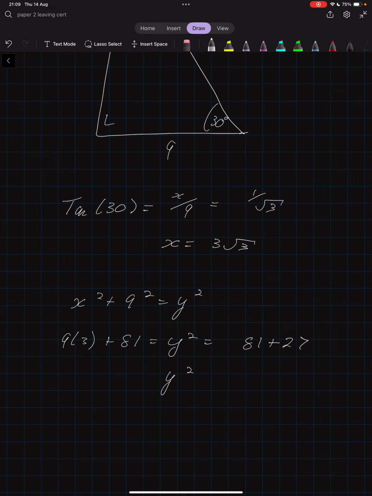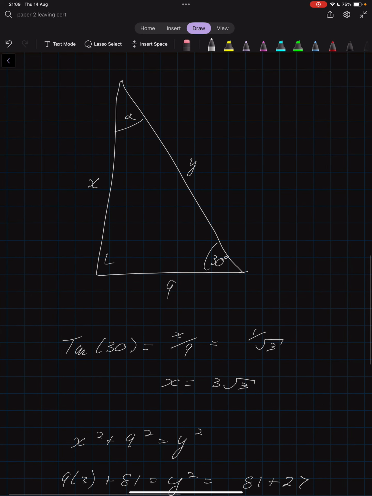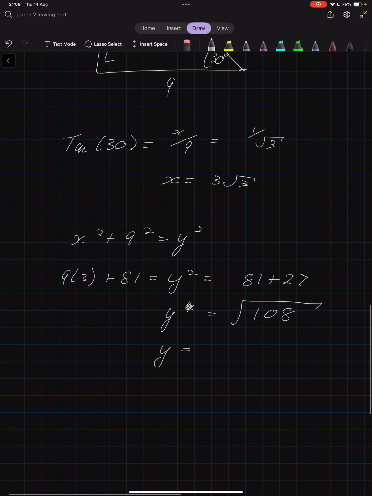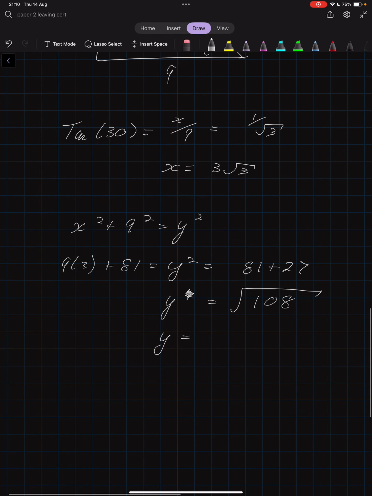So Y is going to be the square root of this, which is 108. Sorry, I'm just being a little bit slow. First of all, I can factor a 3 out of it, so it's root 9 times 12.